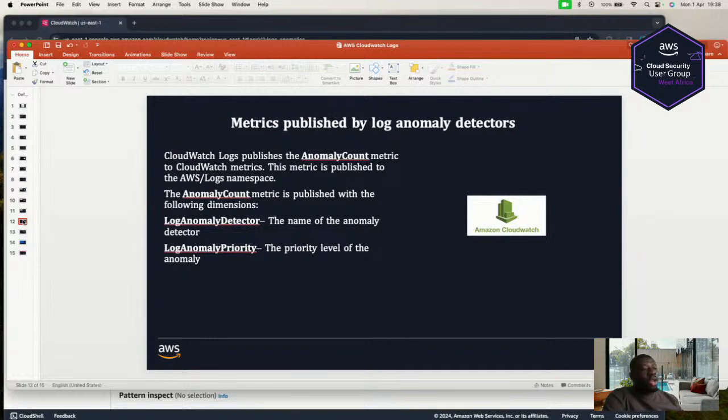And then also the log anomaly priority. The priority level of the anomaly is also published. For those of you who may not understand what we mean by priority, earlier on when we started the session, we spoke about what a priority is and what a severity is.